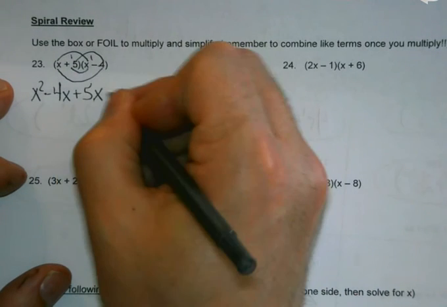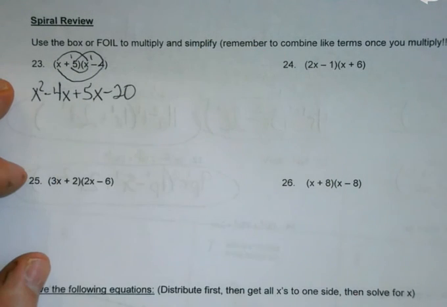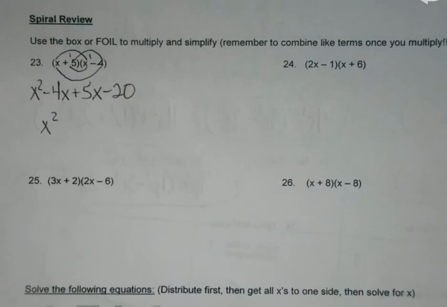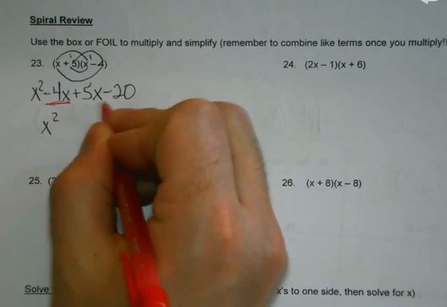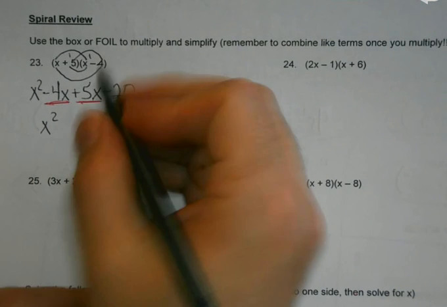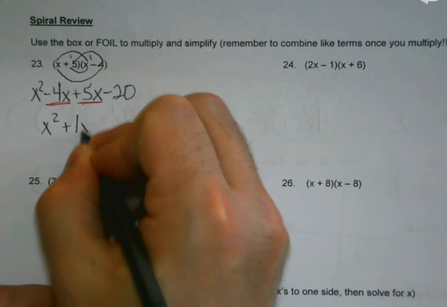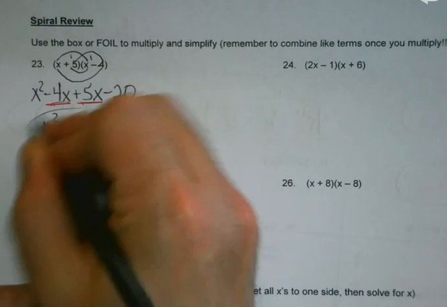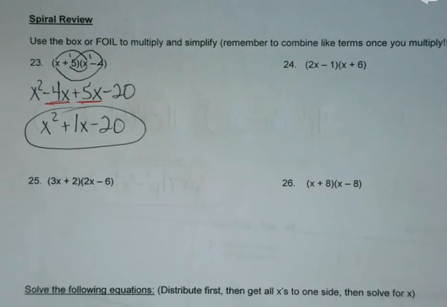There's our little smiley-faced guy. 5 times negative 4 is negative 20. But be careful, your signs matter. When I'm combining my like terms, what's negative 4 plus 5? Positive 1. Okay, I can't just say combine like terms and add them up and say it's 9. Okay, that doesn't work. I've got to watch out for my signs to make sure I'm doing this the right way.